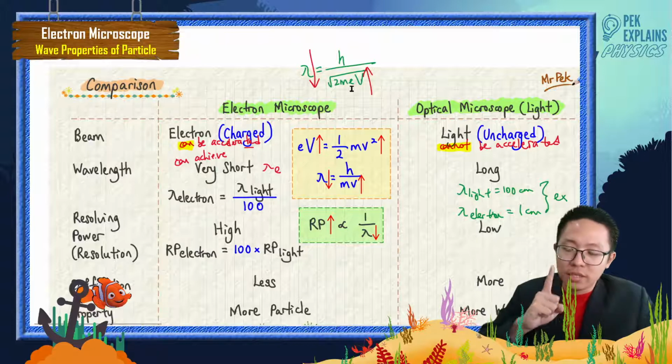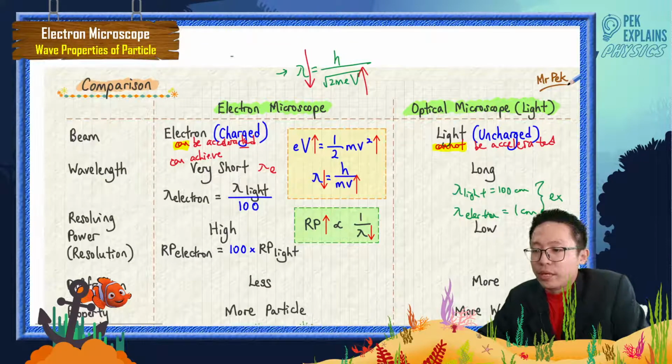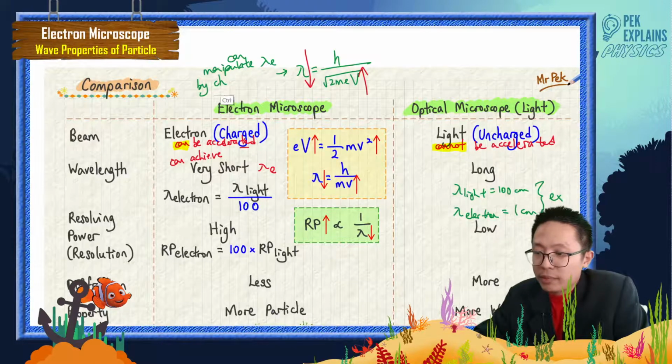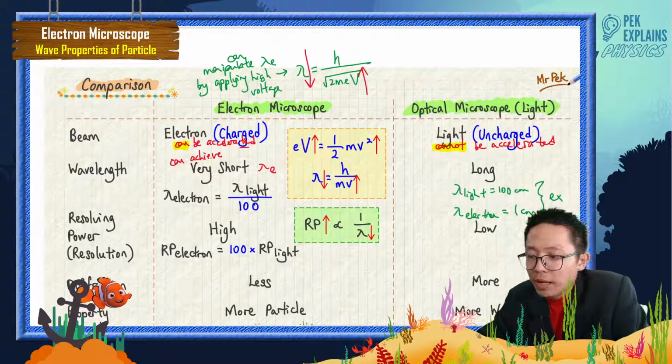So you can manipulate the wavelength of the electron by applying a high potential difference, or high voltage.